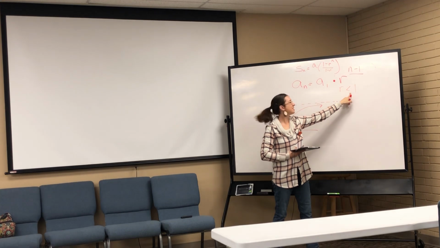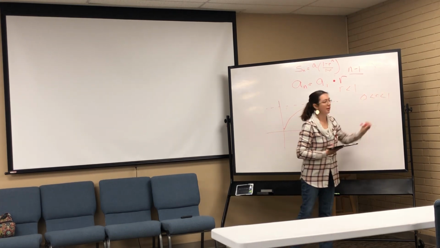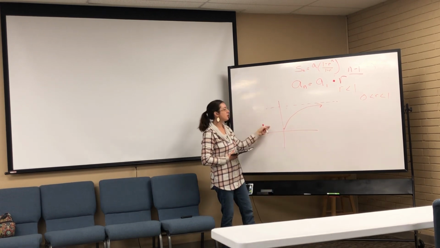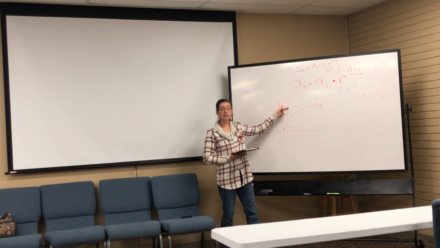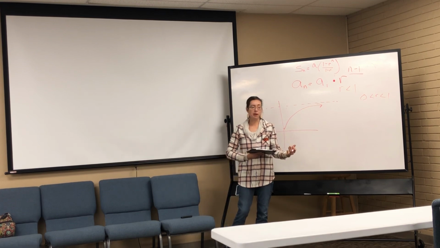No. Less than 1 is like between 0 and 1, right? So we're looking at fractions here. When it's less than 1, it will reach an asymptote. And so we will be able to say it approaches adding up a certain amount of that.